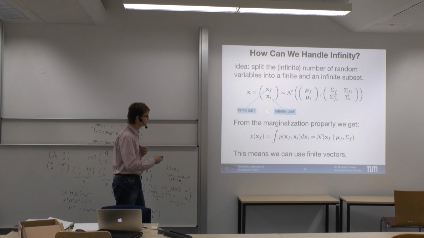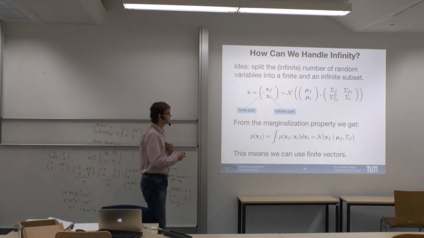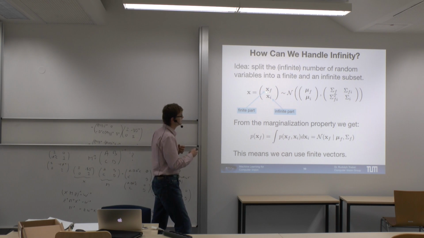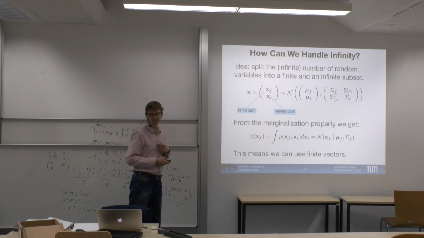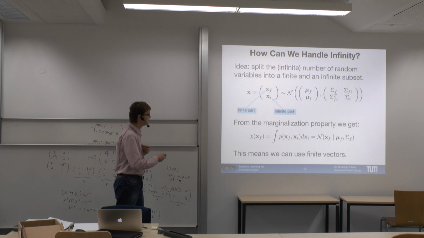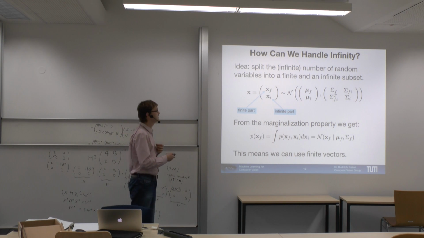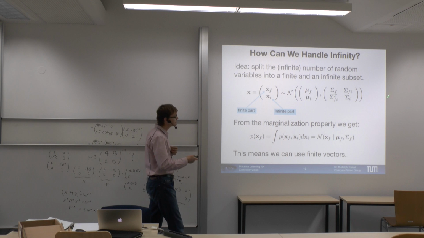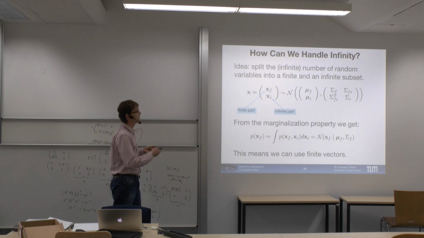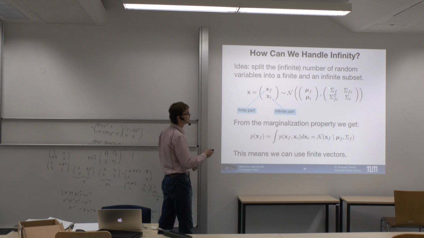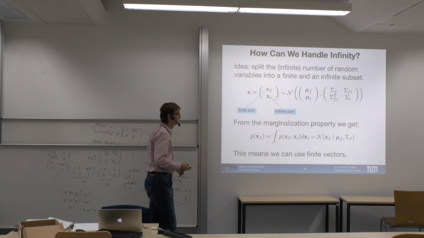This vector we can split into a finite part and an infinite part. This very infinite dimensional vector is distributed according to a Gaussian process, where we again have an infinite dimensional mean vector, and the covariance matrix is also infinite, with infinitely many rows and columns. So it's a very, very big matrix, but we have a finite part and an infinite part.